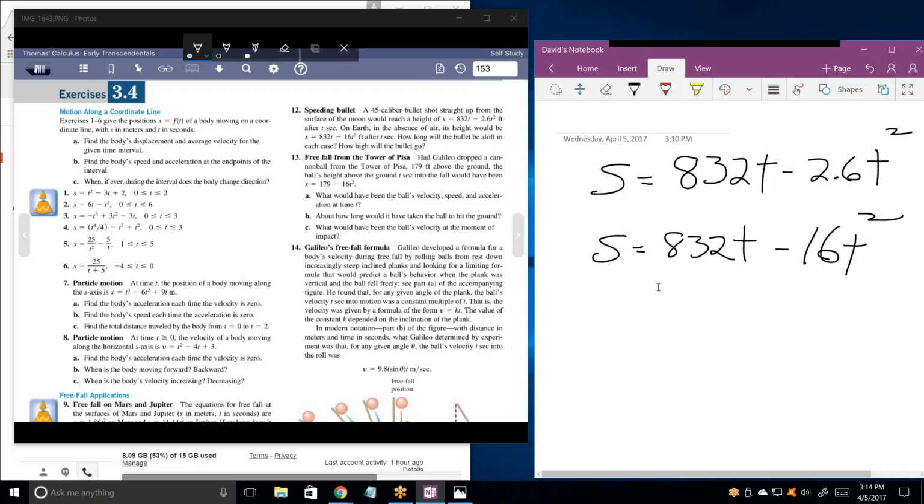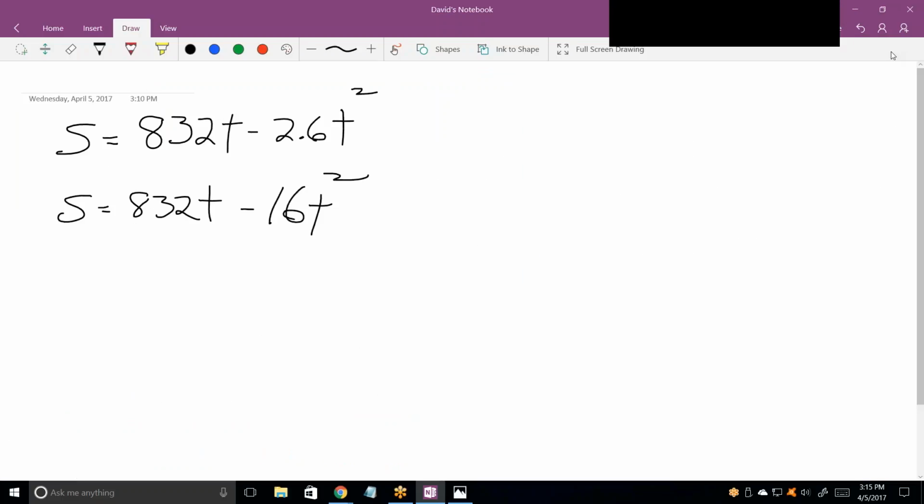Okay. How long will a bullet be aloft in each case? Well, t equals 0 is the moment you fire the gun. Okay. When does the bullet come back to Earth?